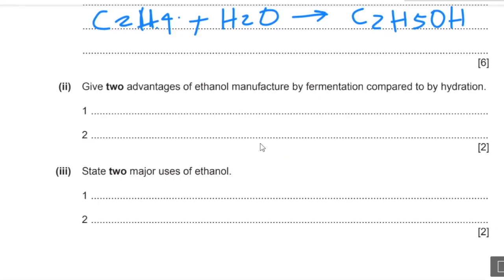Give two advantages of ethanol manufacture by fermentation compared to hydration.